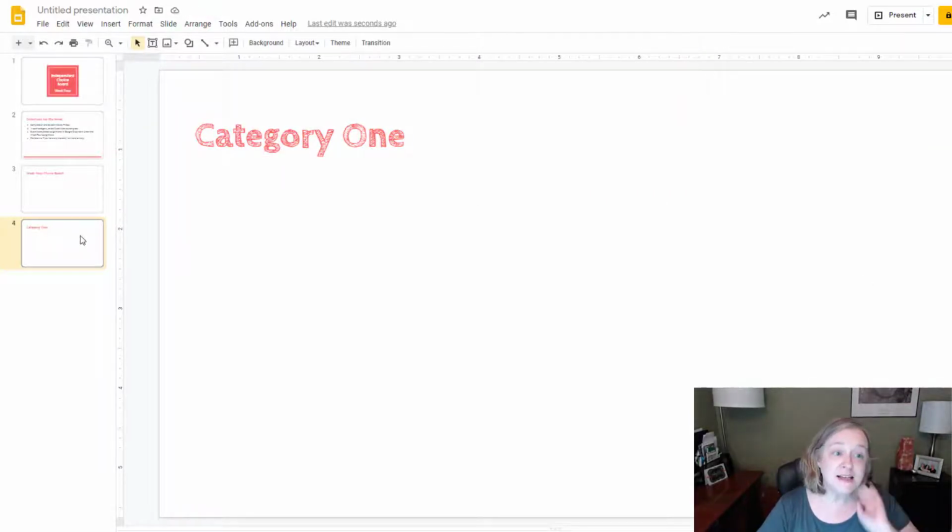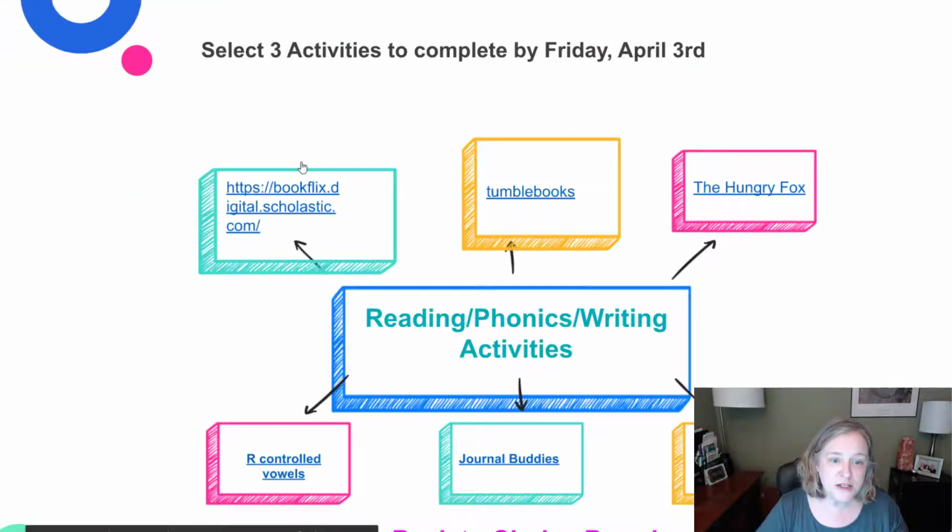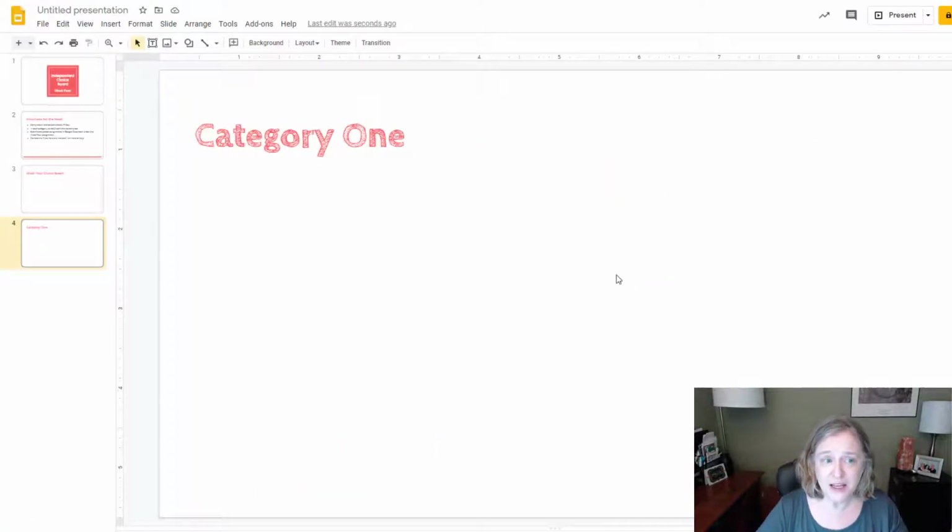Now, because I know I'm going to be putting some choices in here, just like our other slide, I'll go back over there for just a minute. When you went to one of the categories, it had activities to choose from. You don't have to make it that graphic; you could just list the activities.